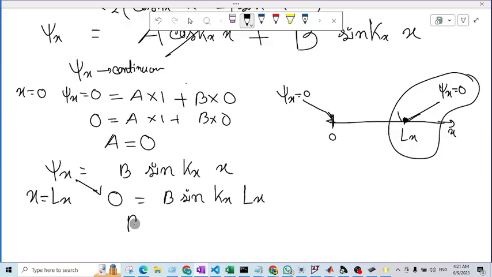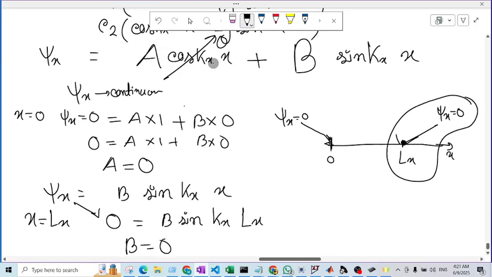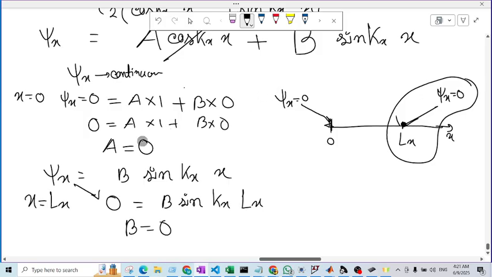And now if you take b is also equal to 0, then what is the meaning of psi x? Psi x is 0 at all points, right? As a is equal to 0 and b is equal to 0, that means psi x is everywhere 0. But no, let's take that a is equal to 0, but b is not equal to 0.